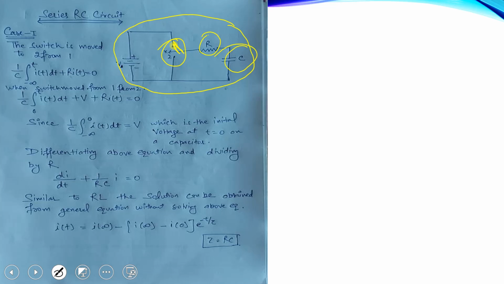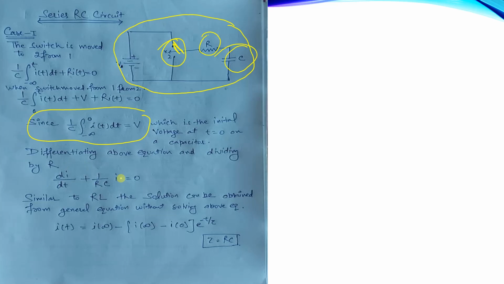When the switch moves from 1 to 2, the equation becomes (1/C) ∫ from 0 to t of i dt + V + Ri(t) = 0, since (1/C) ∫ from −∞ to 0 of i dt is the initial voltage on the capacitor at t = 0, which is equal to V. Differentiating the above equation and dividing by R, it becomes di/dt + (1/RC) i = 0.